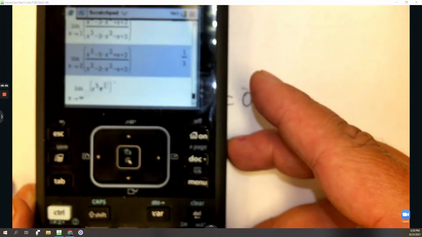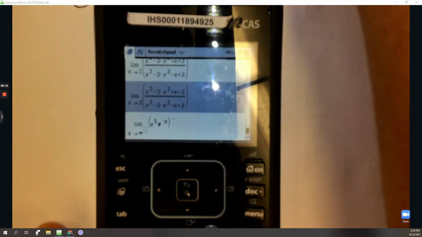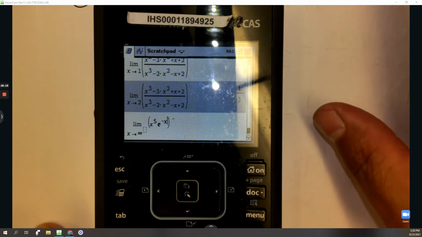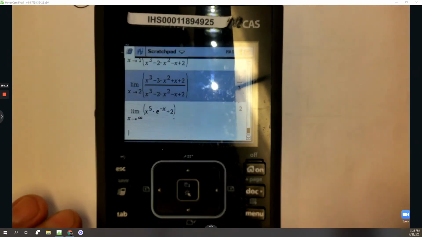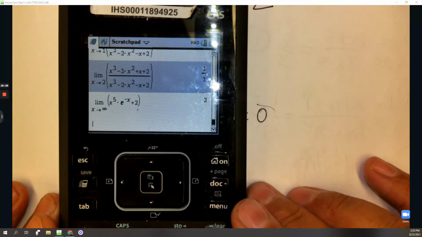So e to the negative x. There we go. Move the cursor. Plus 2. All right. And you get the answer 2.